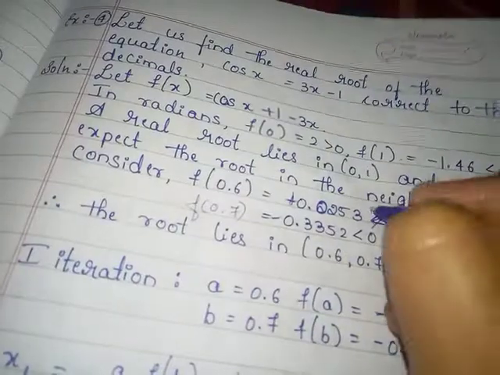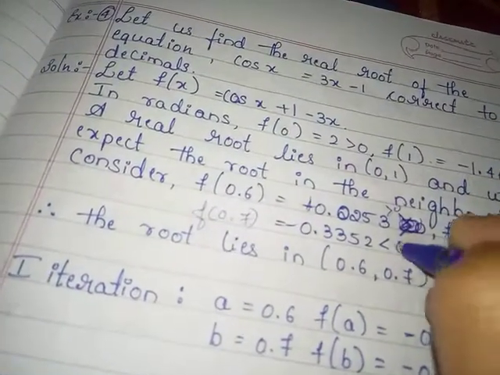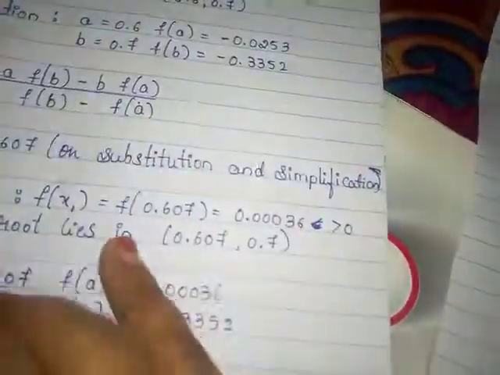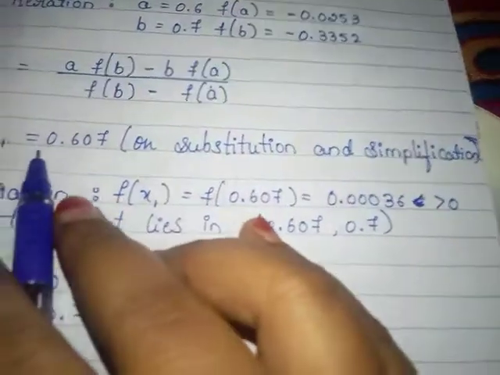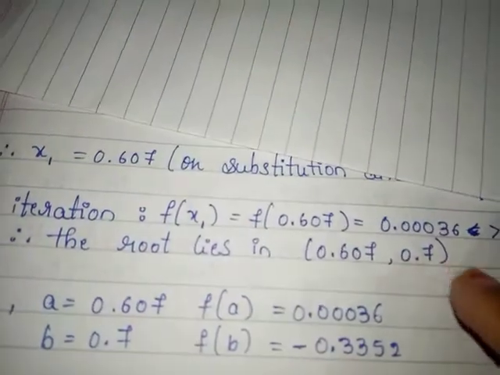Substitute the values, we get x1 is equal to 0.607 on substitution and simplification.